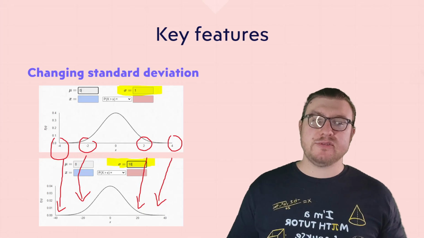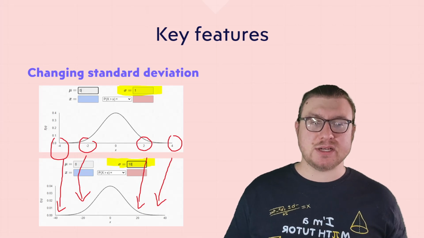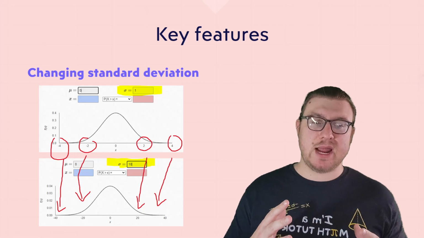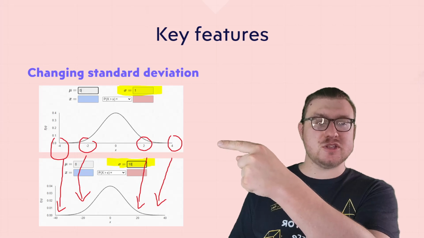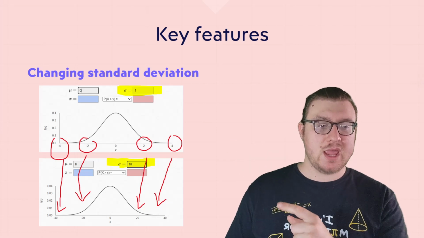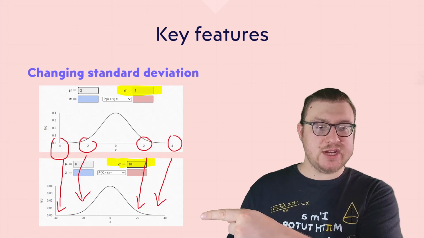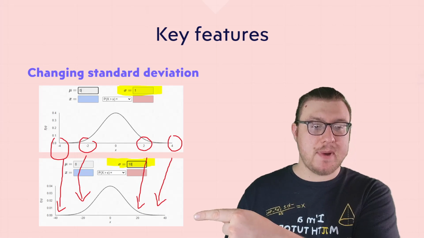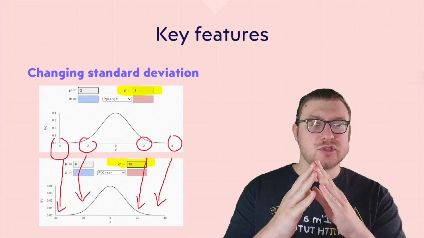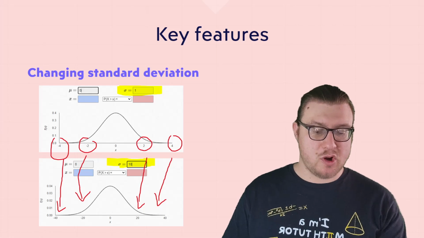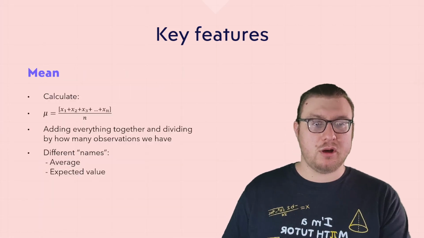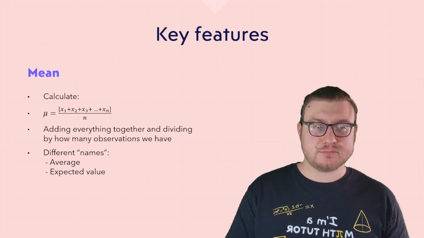Now, the standard deviation tells us how far apart our data is, how much variance we have. So here, our data seems to be looking at values between -4 and 4. But with a higher standard deviation, we're looking at numbers between -40 and 40. So overall, the data has been spread out much more. And we will see that in more of the pictures later.